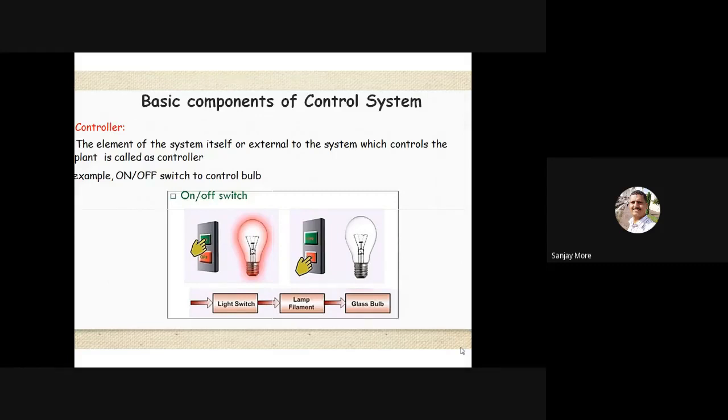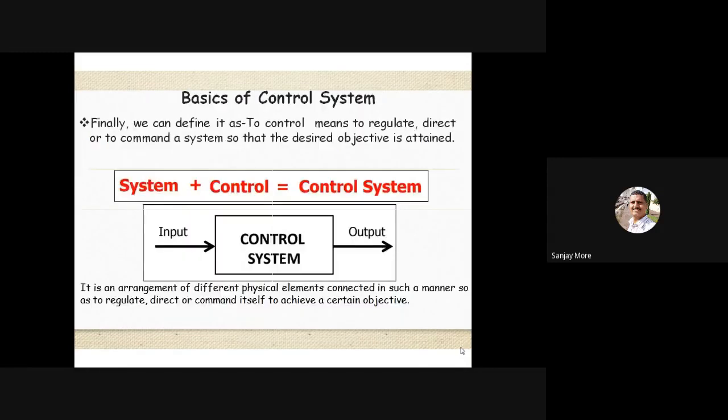The element of the system itself, or external to the system, which controls the plant is called the controller. The basic function of a controller is to control the input and output supply to the system. For example, the on-off switch of a bulb. Okay.